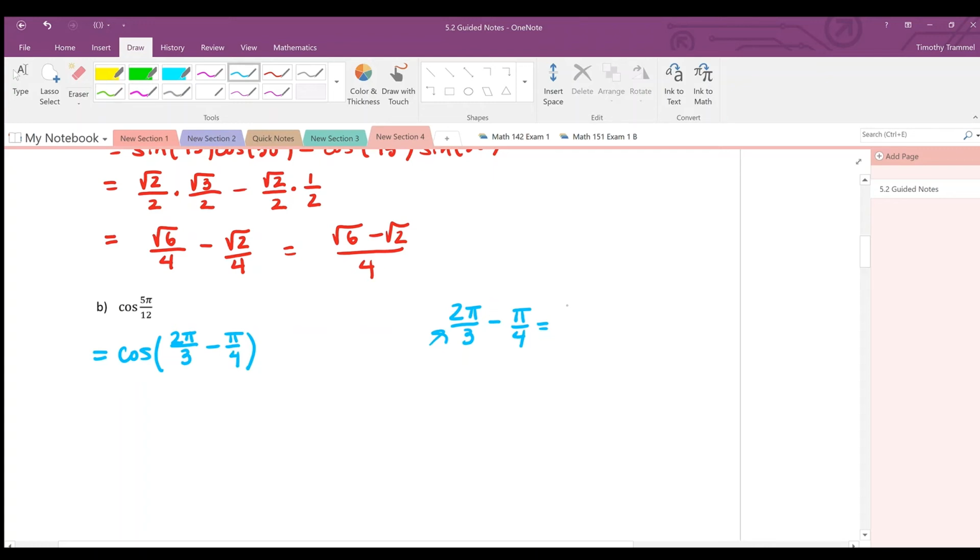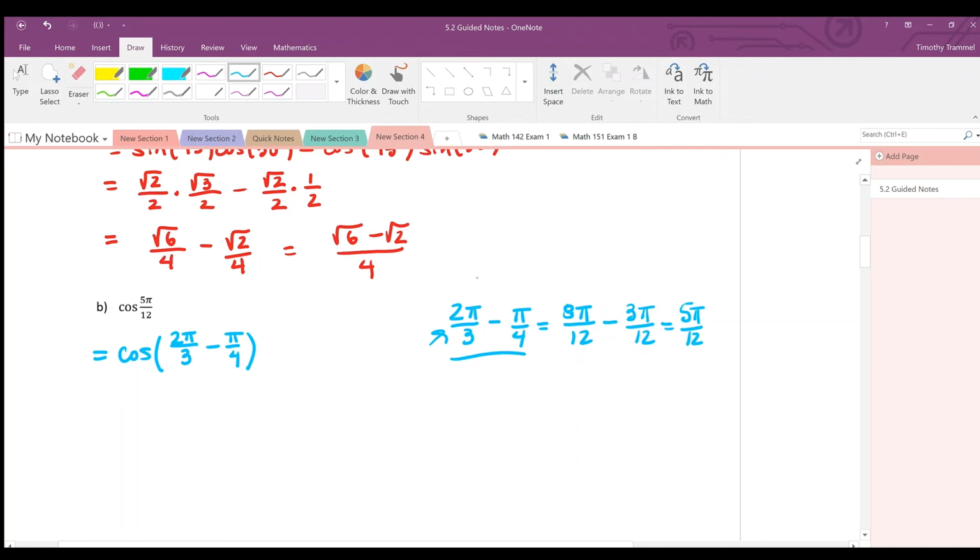We'll get 8 pi over 12. And this pi over 4, we'll have to multiply its numerator and denominator by 3. And so that'll give us 3 pi over 12. And so this is equal to 5 pi over 12. So good. We now know that 5 pi over 12 is equivalent to this.